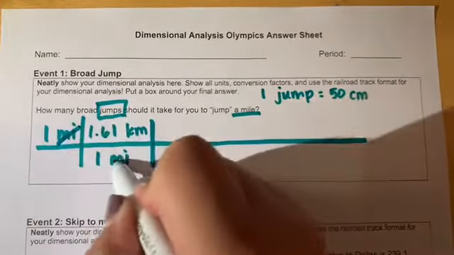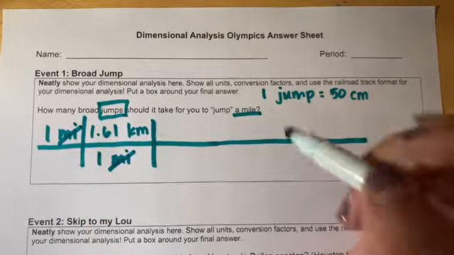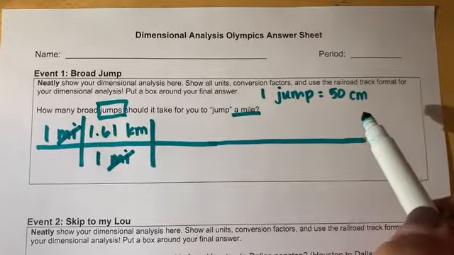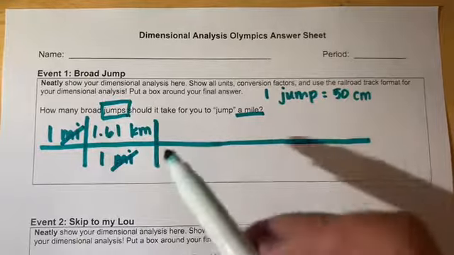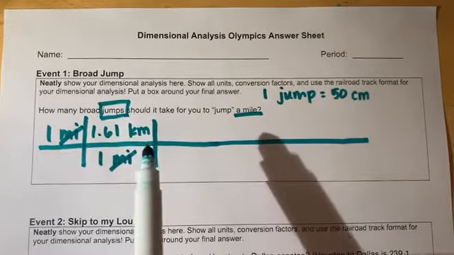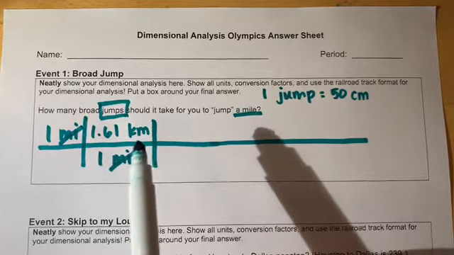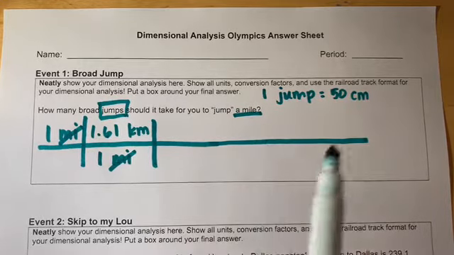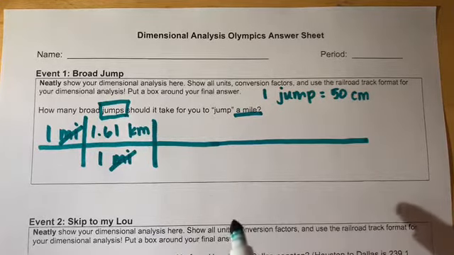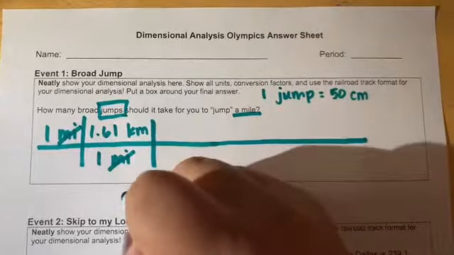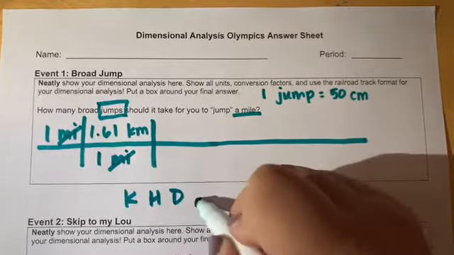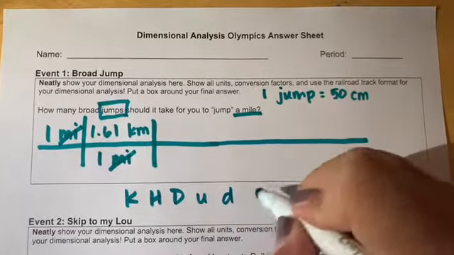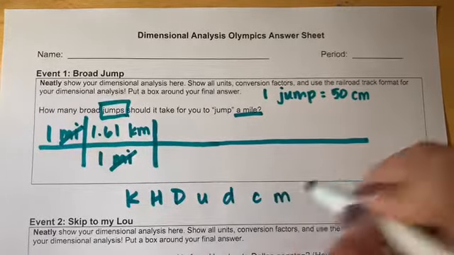That takes care of my first conversion factor. I can cancel out my miles. I'm not quite there at centimeters, so I'm going to need another conversion factor. What we learned the other day, converting from kilometers to centimeters, I can use my mnemonic device: King Henry doesn't usually drink chocolate milk.